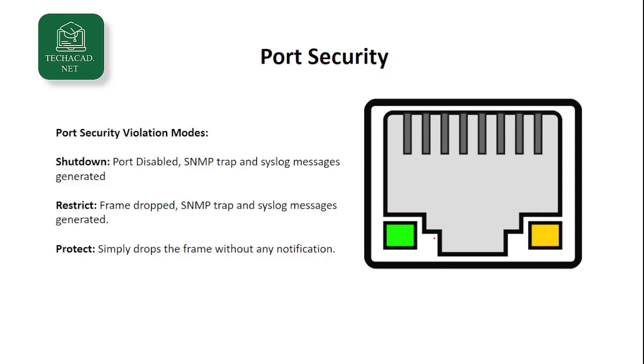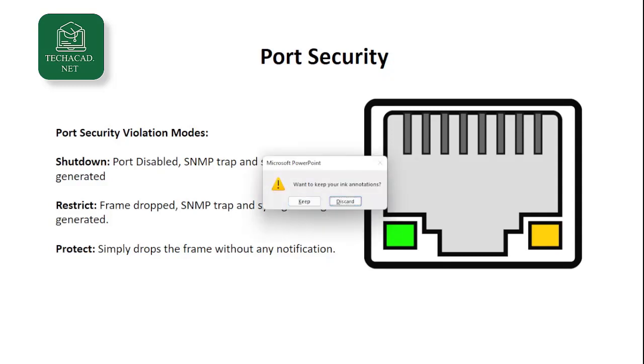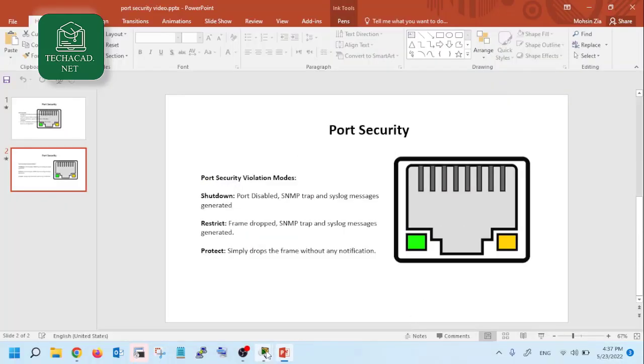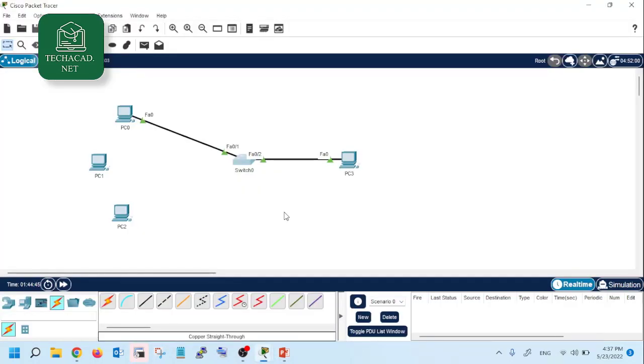So that's it for now, and let's move towards the lab segment of this video and try to configure and verify port security on Cisco switches. This is our lab, and we have connected a couple of PCs to the network switch.